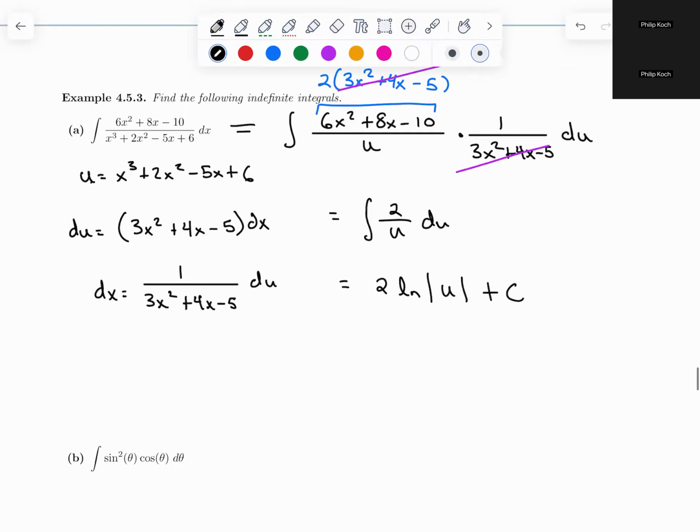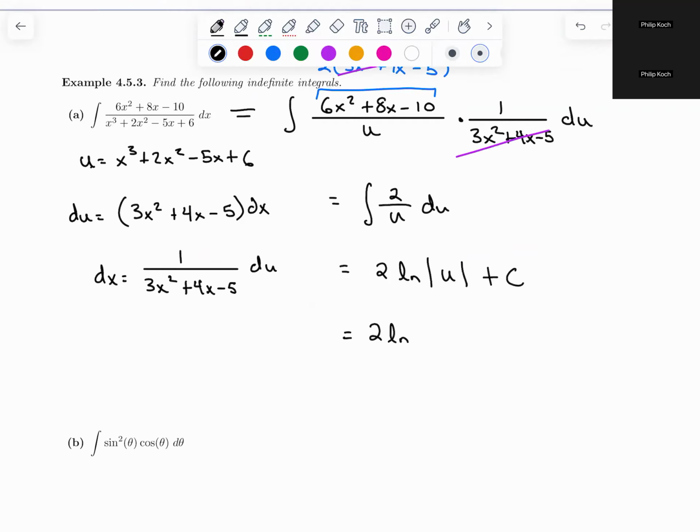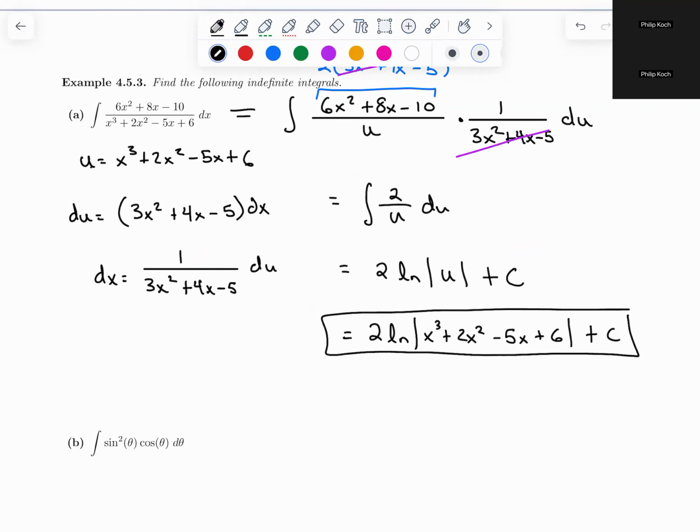So that'll equal 2 natural log of the absolute value of x cubed plus 2x squared minus 5x plus 6 plus a constant c. A general constant c. Okay?